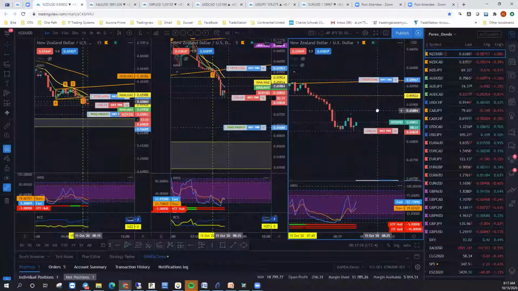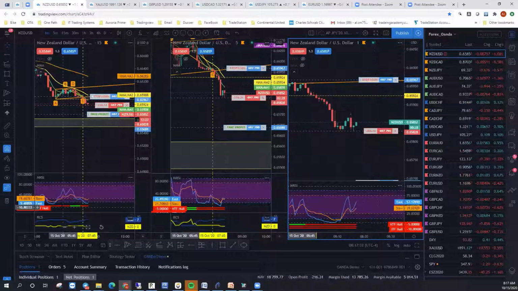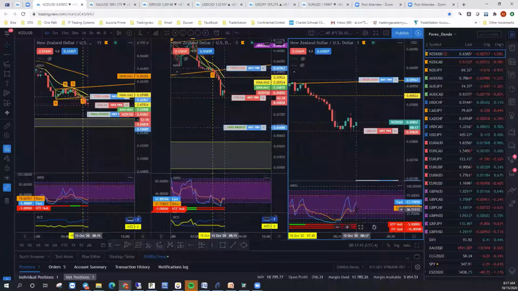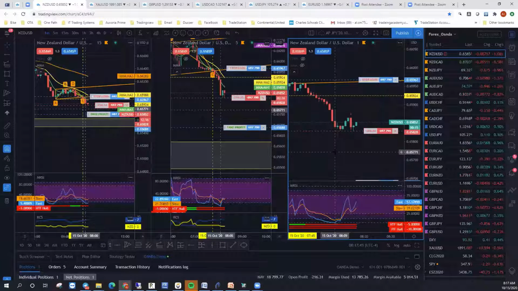Look at how dominant the Hull moving averages are. They're just completely red, all the way across. And our strength, the U.S. is strong to the 70. Where's my other one? My RSI.